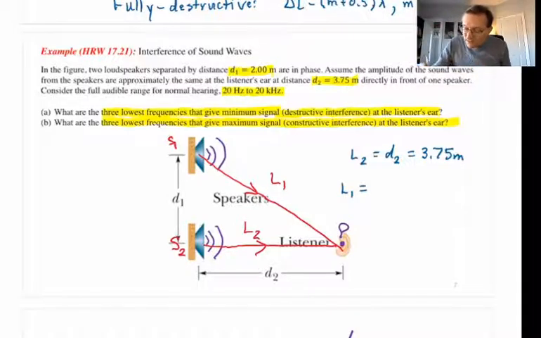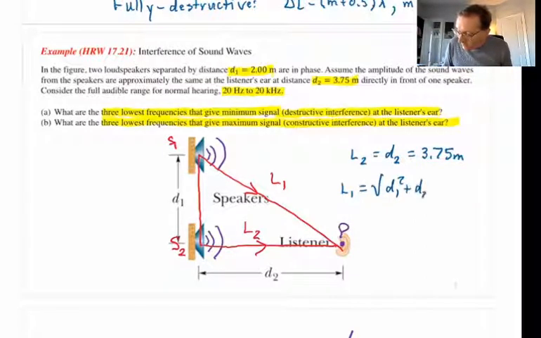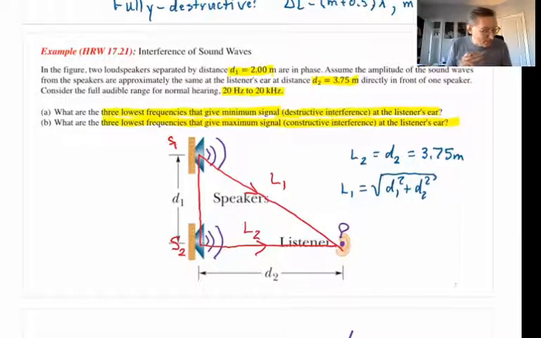I know this distance along here. That's D1. I know D2. L1 is the hypotenuse of a right triangle. So L1 is the square root of D1 squared plus D2 squared. You could figure out that number.